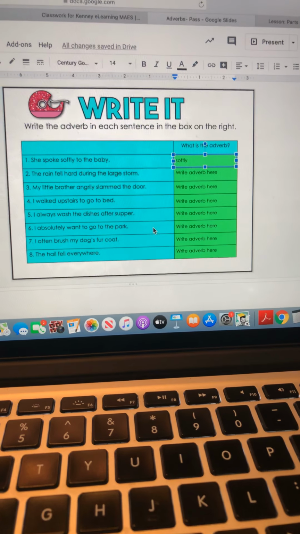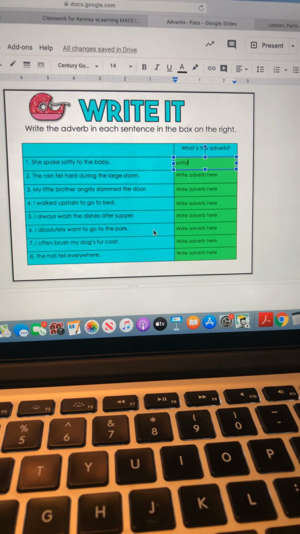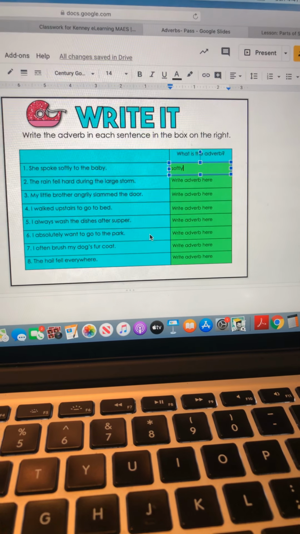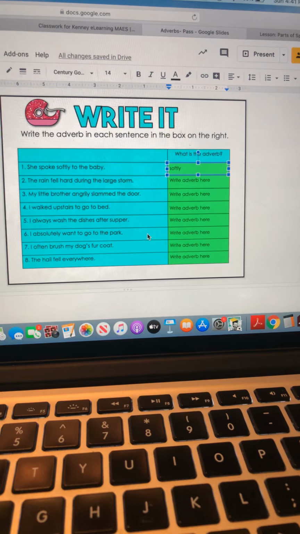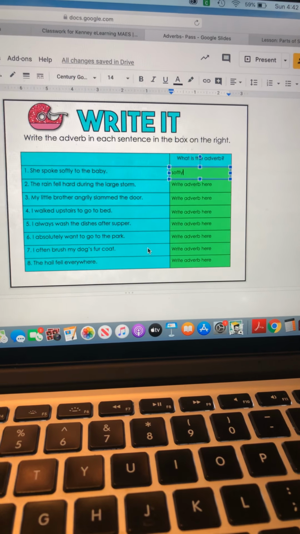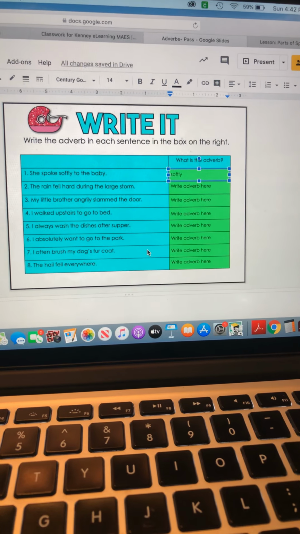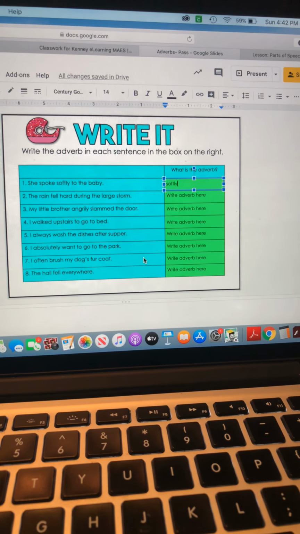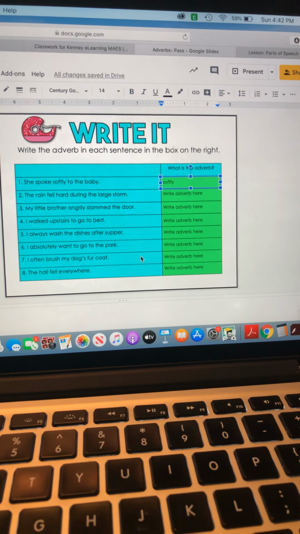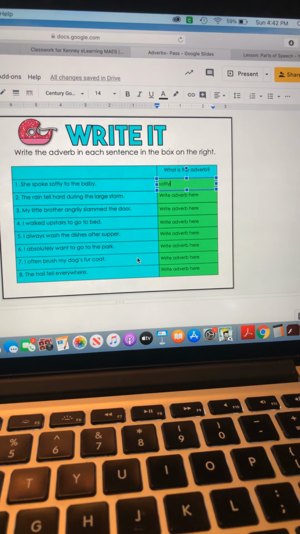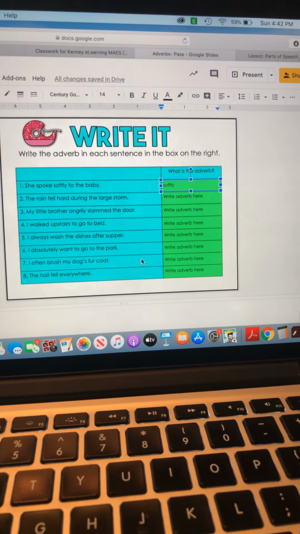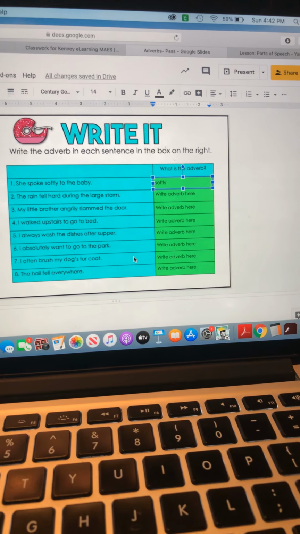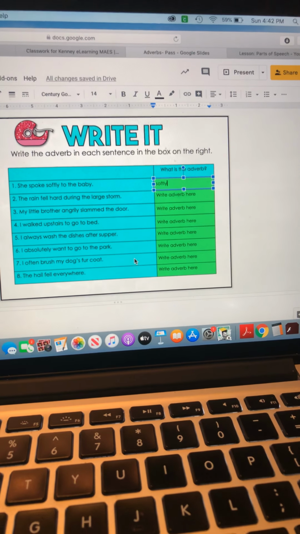Number 6, I absolutely want to go to the park. Number 7, I often brush my dog's fur coat. And number 8, the hail fell everywhere.